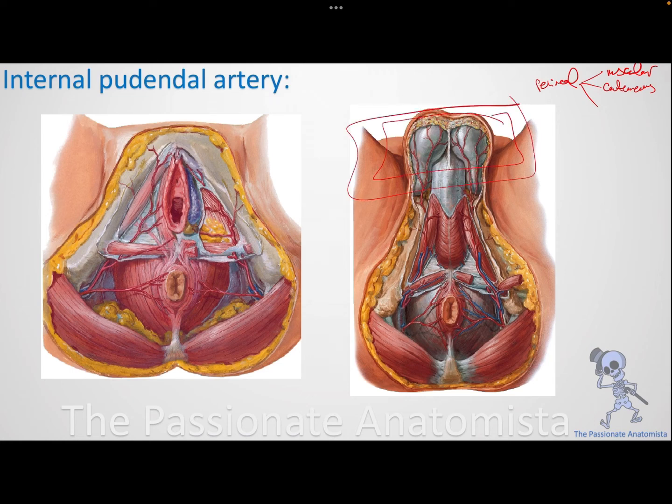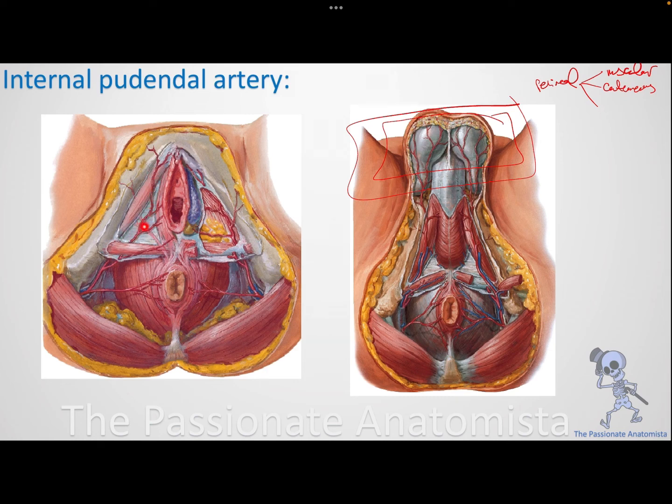All right, if you look at this picture, one muscular to the muscles of the perineal region, one cutaneous. If you look at the left side, it's even easier. One muscular to all these muscles, the perineal muscles, and one cutaneous, which is the posterior labial or scrotal.